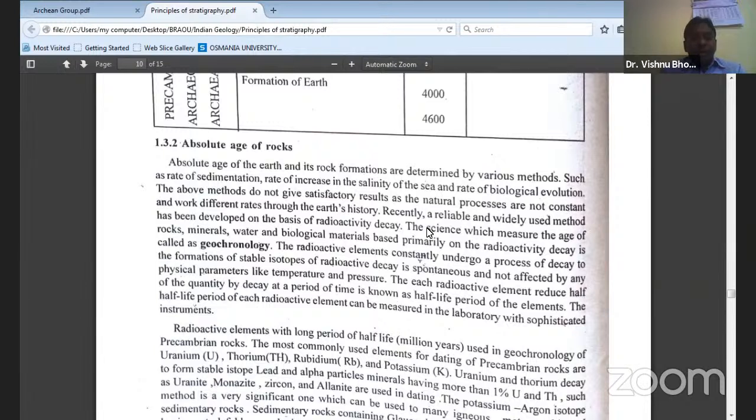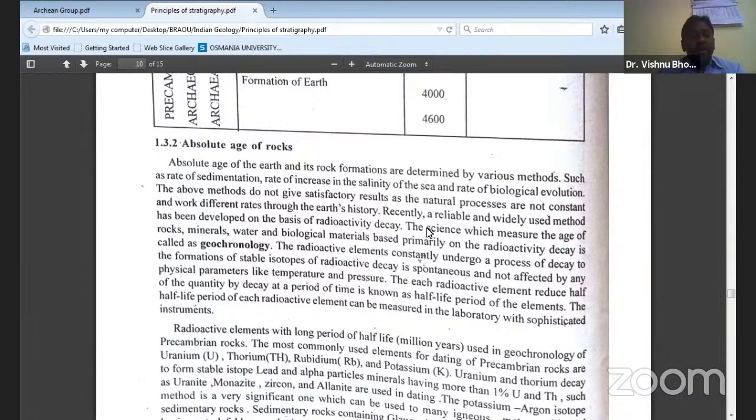Yes, definitely we can say this using different biological evolutions, and how they formed the sediment layers and the rate of increasing salinity in the seas and oceans. And these are not giving the correct information, or satisfactory results to us, about how the Earth went through its evolution periods.